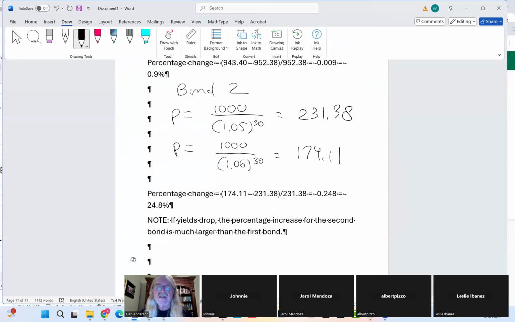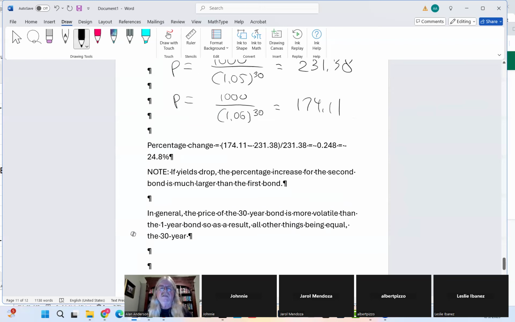Now, what this indicates, though, is that in general, the price of the 30-year bond is more volatile than the 1-year. So as a result, all other things being equal, the 30-year bond is considered riskier.